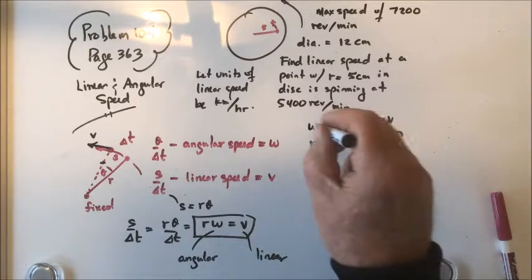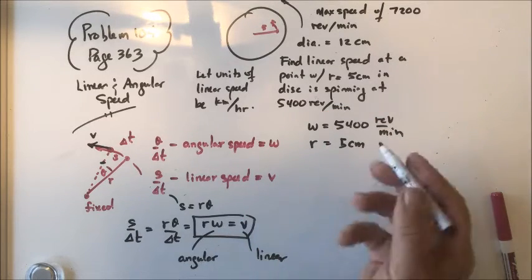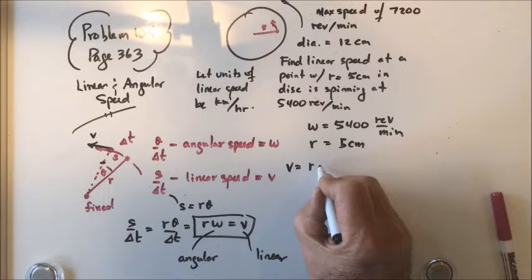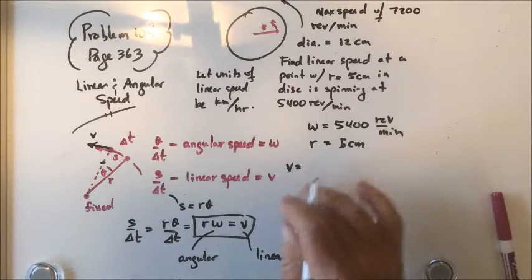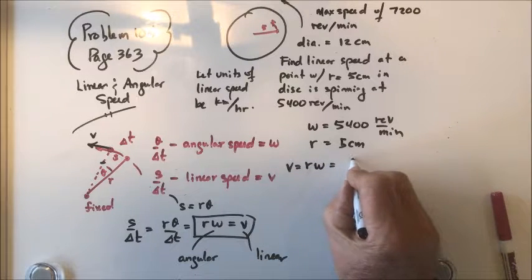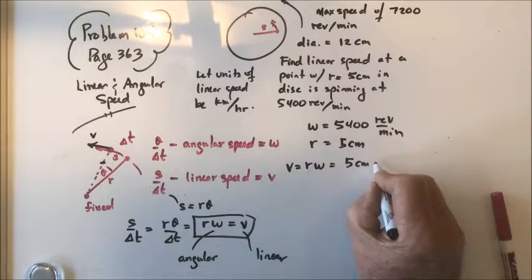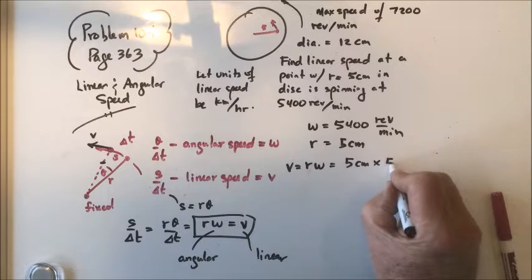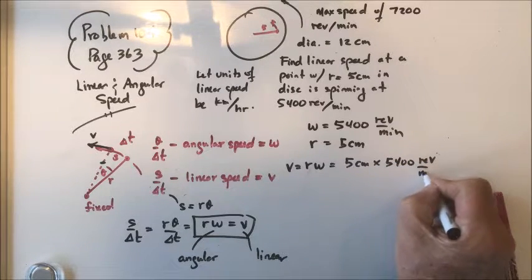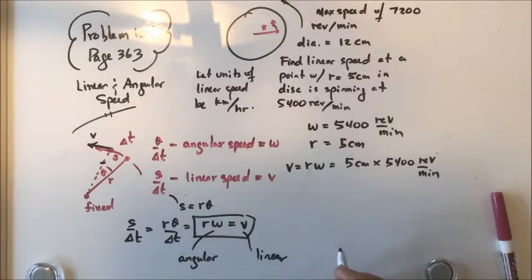And so omega times r is going to be equal to the linear speed. So v is equal to r omega. So let's just put it in. r is 5 centimeters times 5,400 revolutions per minute. Oh, good gosh.